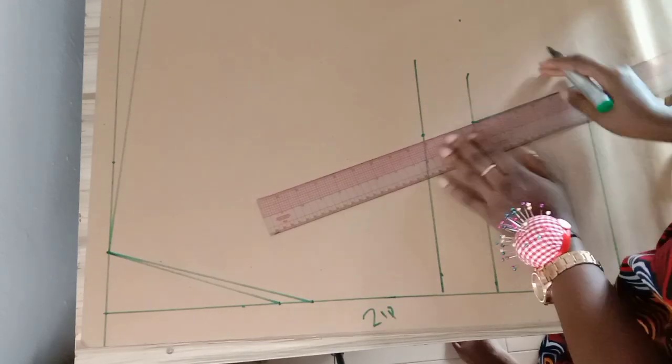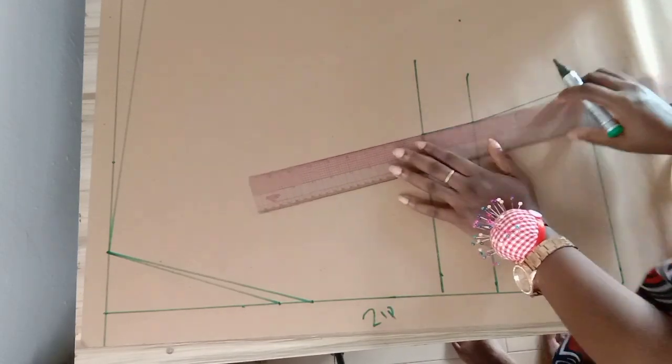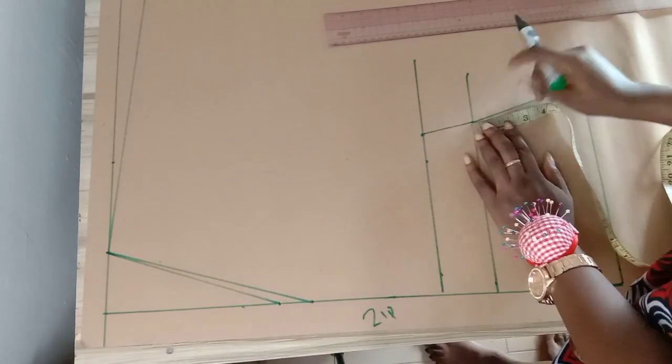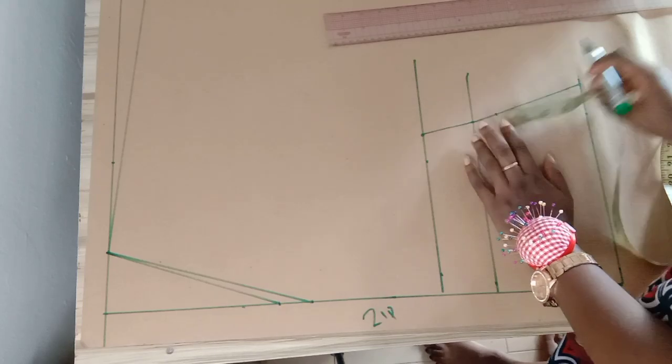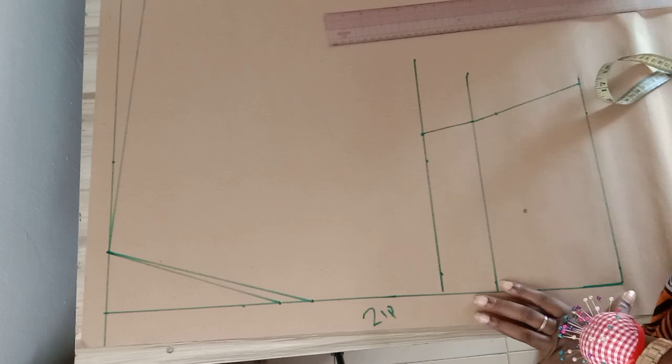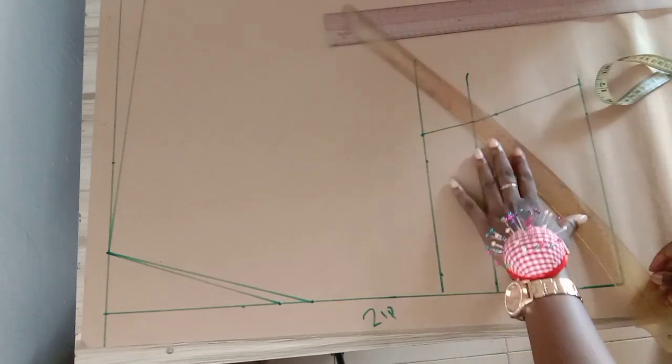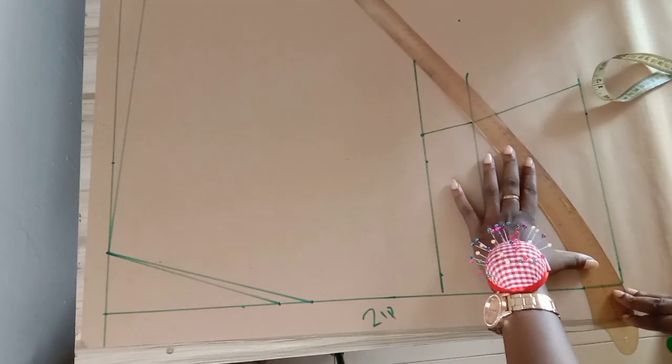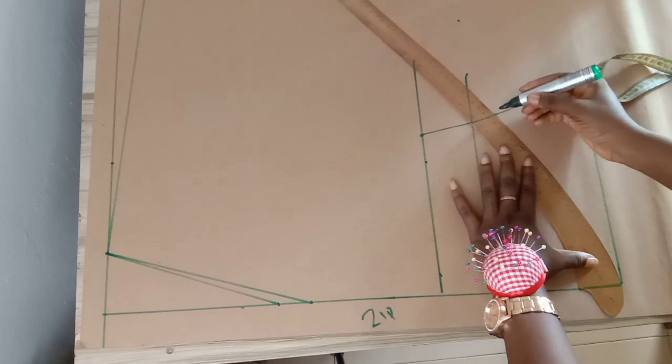Okay, so I'll connect that straight this way also. So from the waistline, I'll come down by 2 inches. Then I'll connect it to form the basque effect. Connect like this using my hip curve.